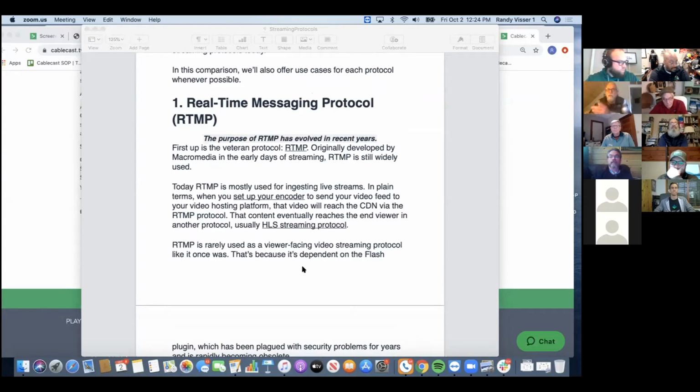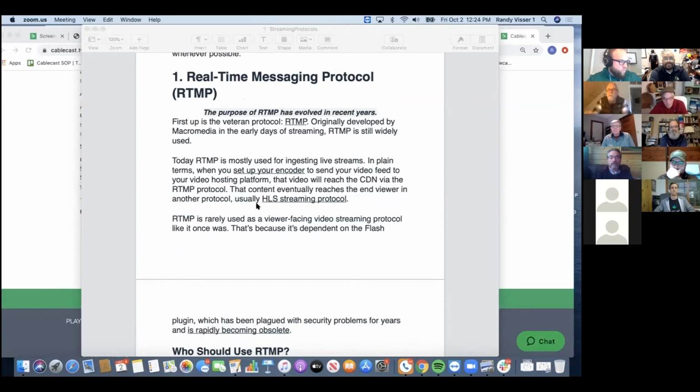I just wanted to quickly then talk about the basic protocols that we are now using in the marketplace. We can start with RTMP. Those of you who are using Zoom meetings and pushing those now to your systems probably understand that you're using this protocol. It's Real-Time Messaging Protocol. It does require a receiver.